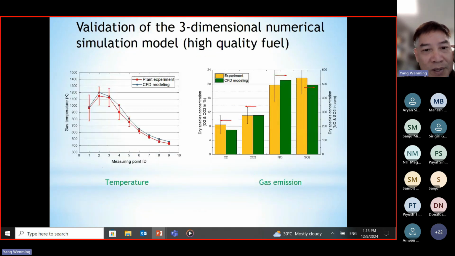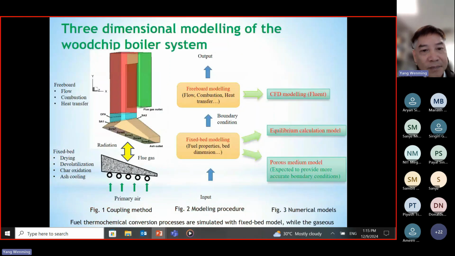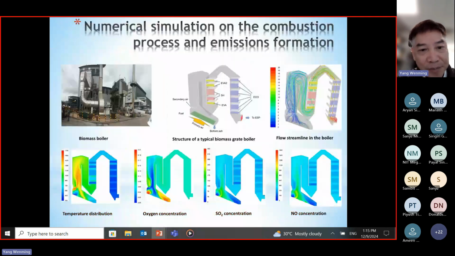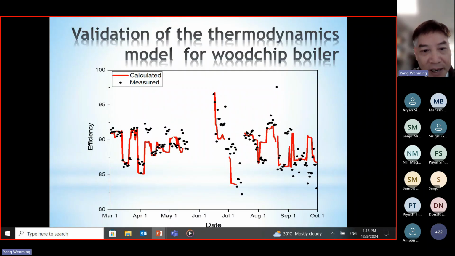So how do we adjust the primary air distribution? We can go back to this schematic. Here we can see in the fixed bed we have the air supply. This air supply is the primary air supply. By increasing the air supply percentage in zone 5, we can reduce the heat losses to the bottom ash.